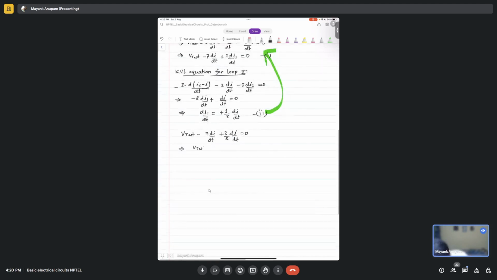So V test is what? This is 7 8s are 56, minus 3 is 53, right? di/dt. Am I right? Or am I doing some calculation mistake again?